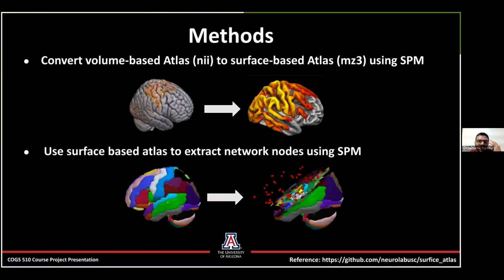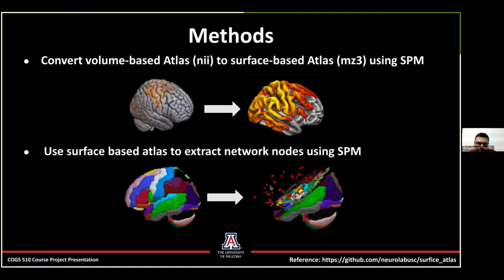The first idea is that we have to convert the volume-based atlas to a surface-based atlas. I'll show you why this is important in the next slide. Then another important thing, I would say the most important thing to visualize this, is to convert the surface space atlas into network nodes. I've used the SPM package to convert these brain regions.